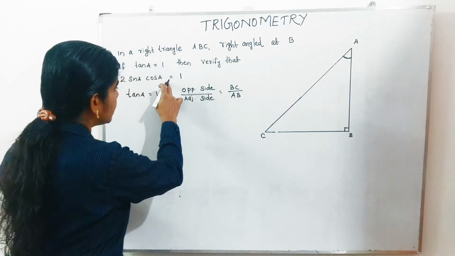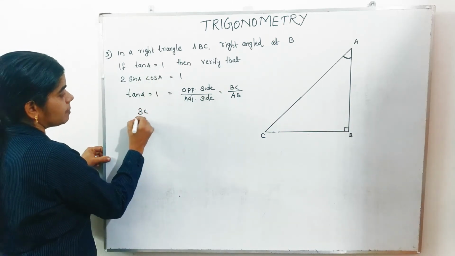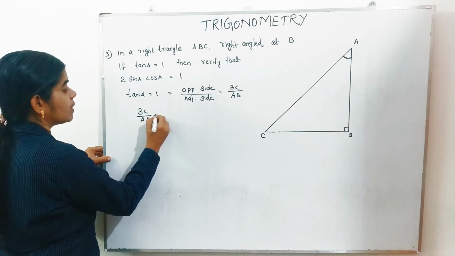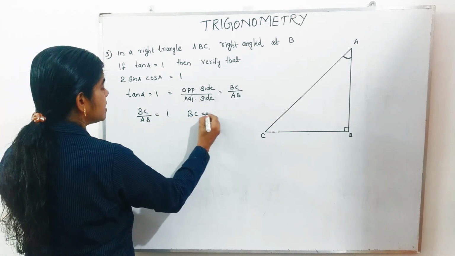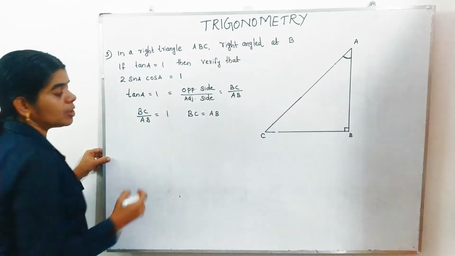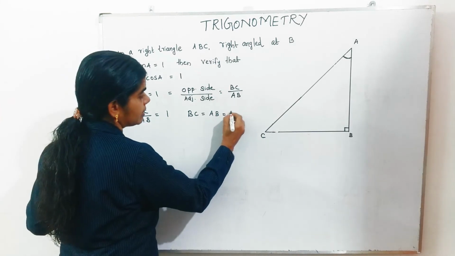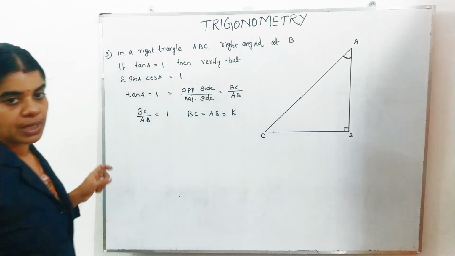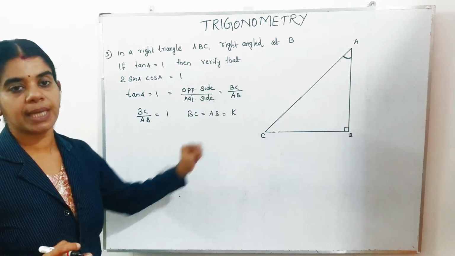It is given that tan A is equal to 1, so you can write BC by AB is equal to 1. Then multiplying, you got BC is equal to AB. Both sides are equal, and we give one letter, K. So we assume that BC equal to AB equal to K.